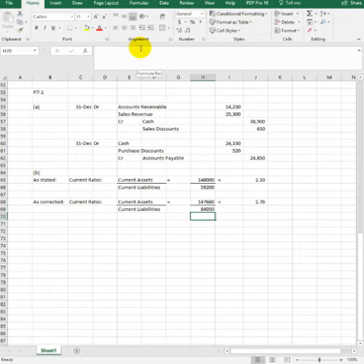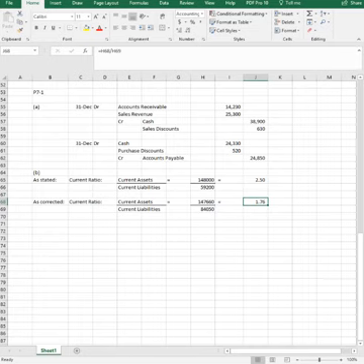And so that results in a current ratio of 1.76. So it went from 2.5, which is quite good, to a 1.76 ratio. So of course that's going in the bad direction, since it says that we are preparing these financial statements for credit purposes.